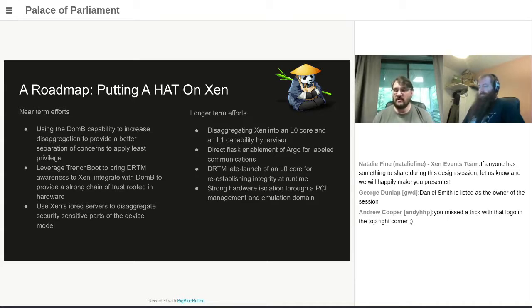Using DRTM late launch to be able to relaunch the L0 core to reestablish load integrity at runtime of the core hypervisor, the L0 hypervisor. And then further down, we're looking at strong hardware isolation through PCI management and an emulation domain, which is very similar to some of the discussion yesterday on ARM and the safety island work.